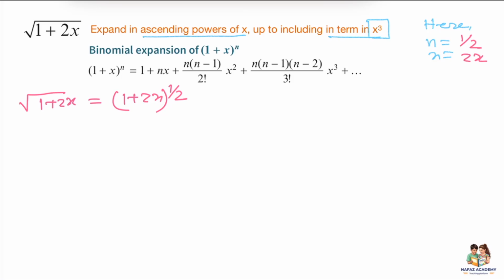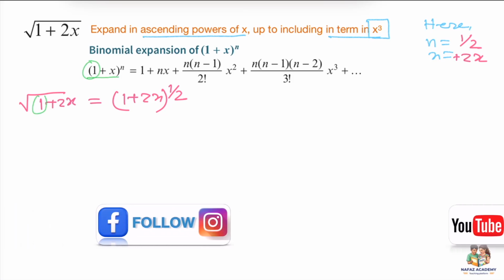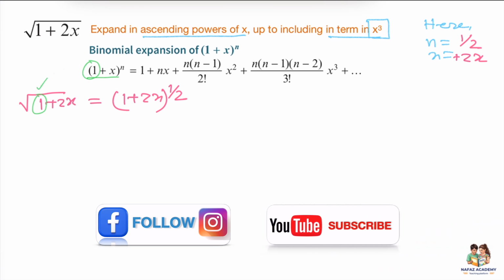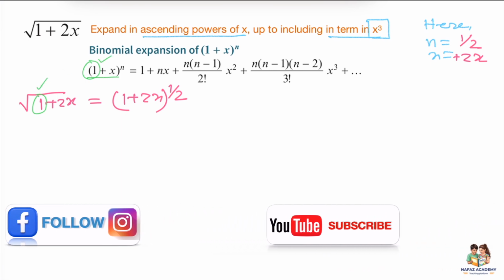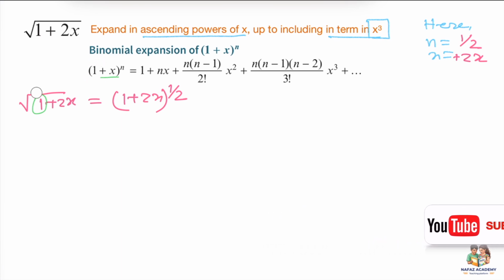So now (1 + 2x)^(1/2), the n value is a half and the x value is plus 2x. Be careful about the plus and minus. If it is 1 minus 2x, then the x value must be minus 2x. This one is very important, otherwise you cannot use these binomial expansion rules.